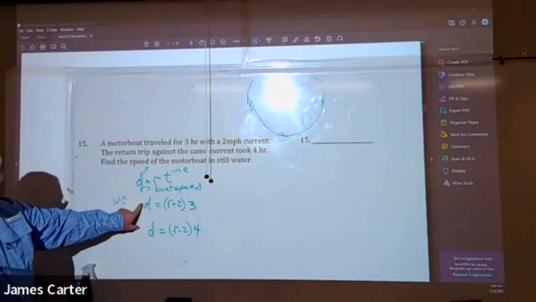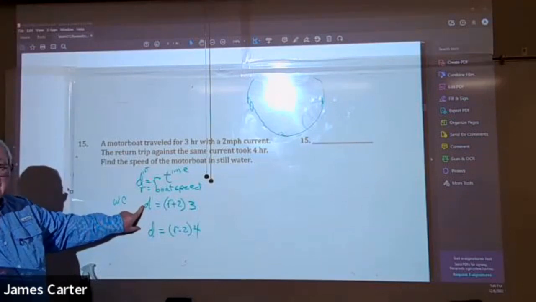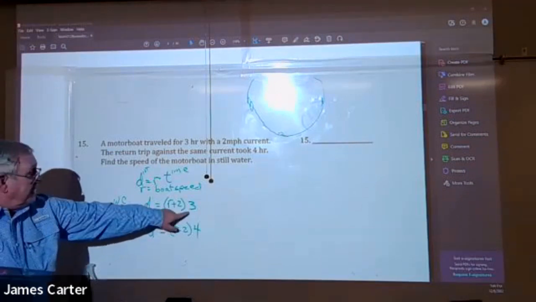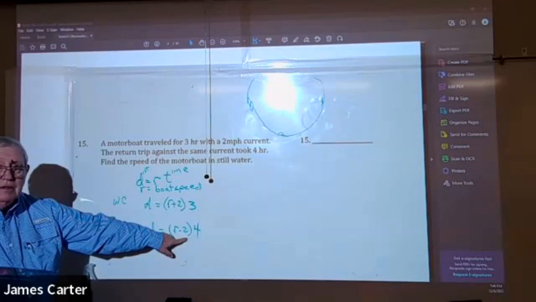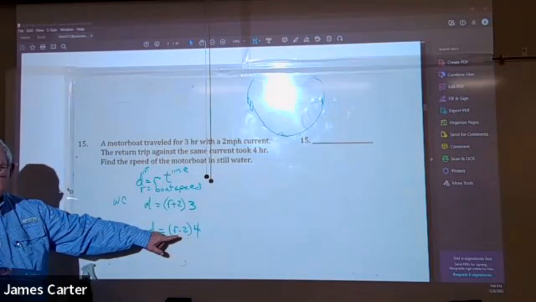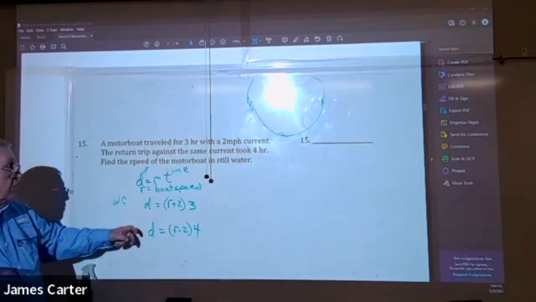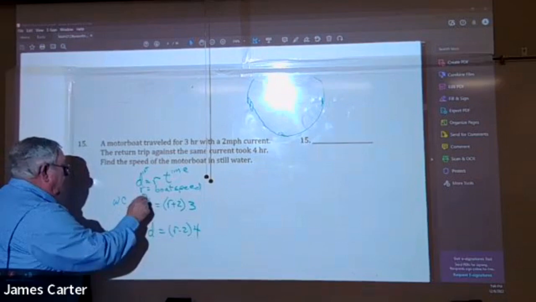Now, because this distance is the same both times, listen carefully, then this equals that. Do you understand why? They're the same distance. What if I put 50 here and 50 here?